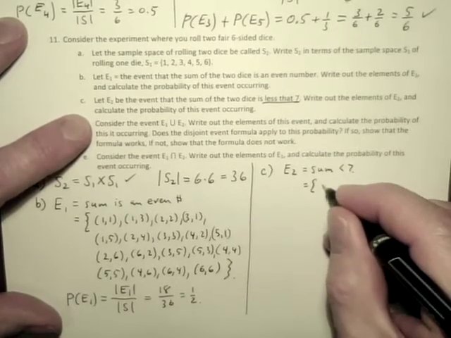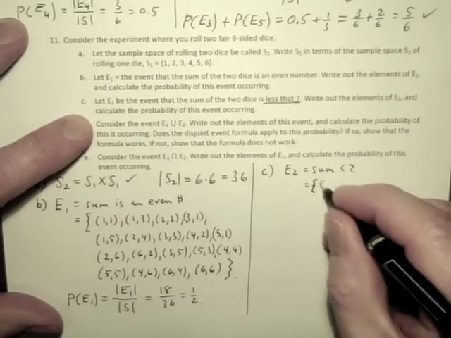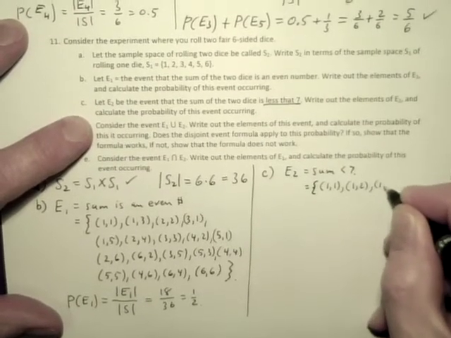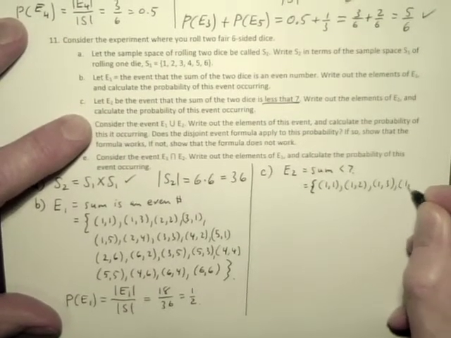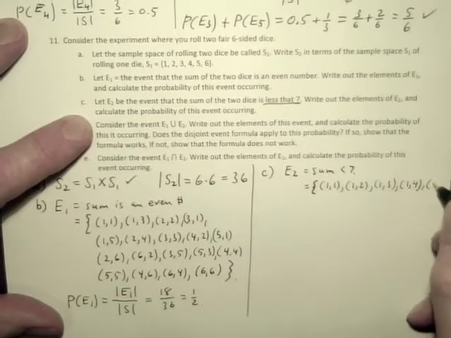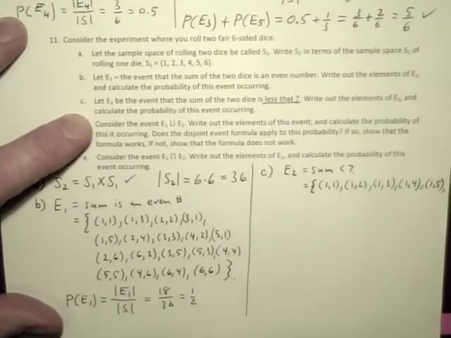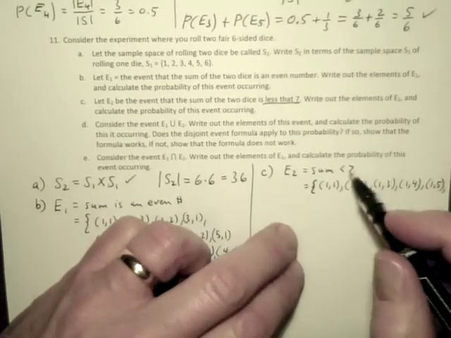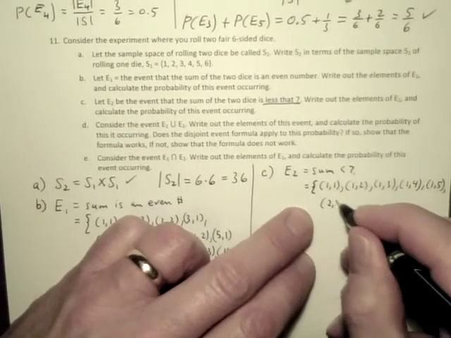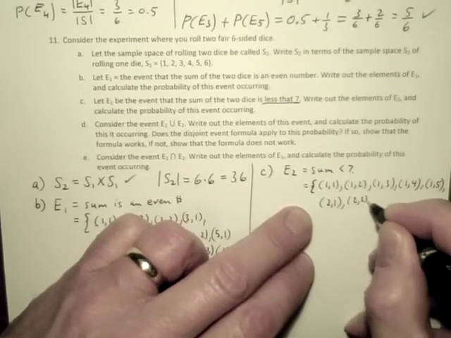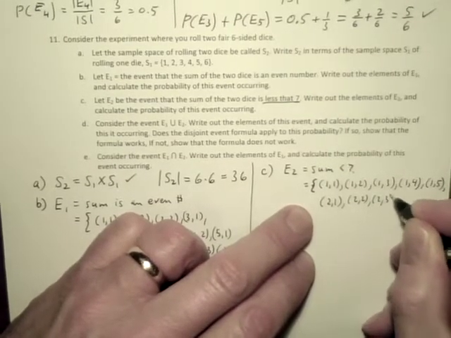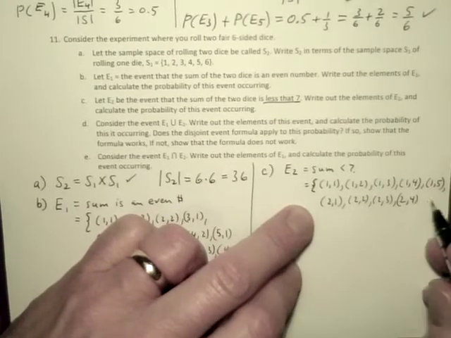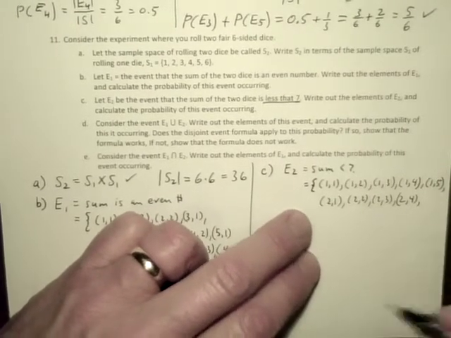Well, let's see, I can go with a 1, 1, a 1, 2, a 1, 3, a 1, 4, a 1, 5, but I can't go 1, 6 because that's 7, and it's supposed to be strictly less than 7. And then I can go 2, 1, 2, 2, 2, 3, 2, 4. That gets me up to 6, so I can't go any higher starting with a 2.